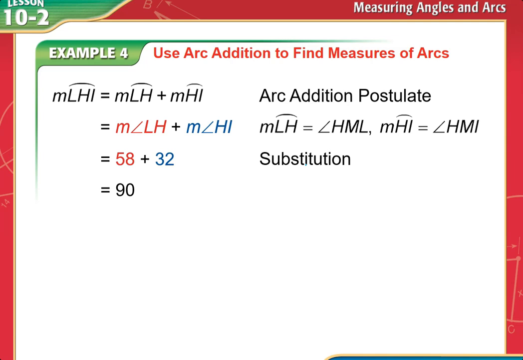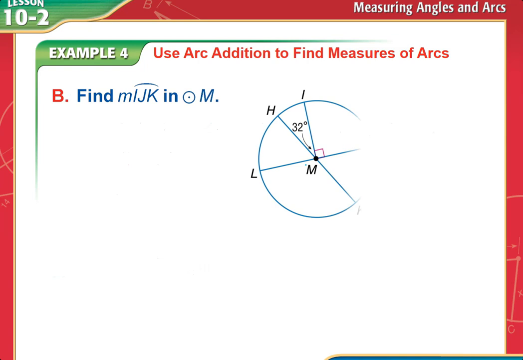Here we go. Okay, use the arc addition postulate to find measures of arcs. In the next one, we're trying to find the measurement of arc IJK. So how are we going to find I, J, and all the way around to K?